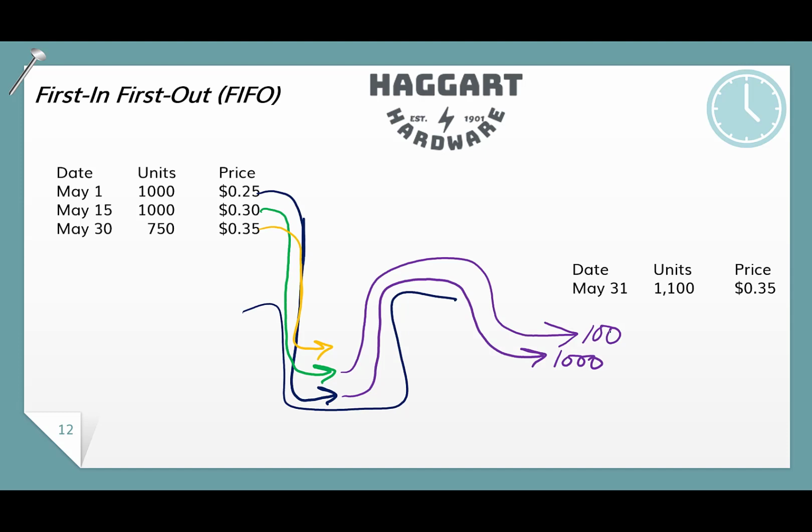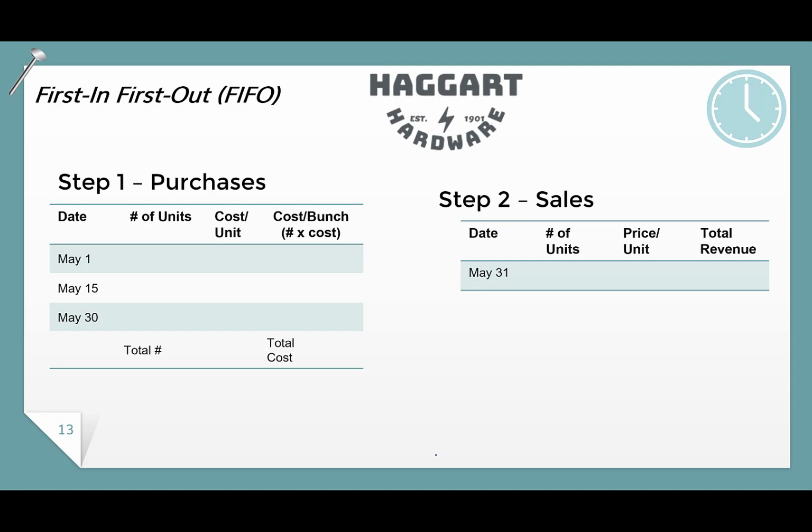Now, I use this visual representation to demonstrate the concept. I wouldn't use this to do actual calculations. In fact, I've created a handy little table here to help us with those calculations. If you'd like a copy of your own, you can click on the link in the description to open a template and you can download it yourself. So let's track those purchases and sales at Haggart's Hardware. First, the purchases.